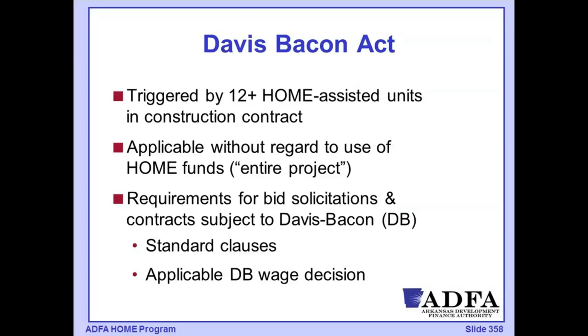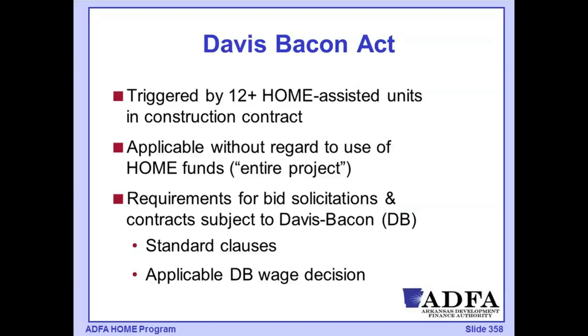For those of you that may work with the CDBG program, the trigger for that program is 8 units, so it's different for different programs. So this is applicable for any HOME project, no matter where those HOME funds are actually being put into that project.